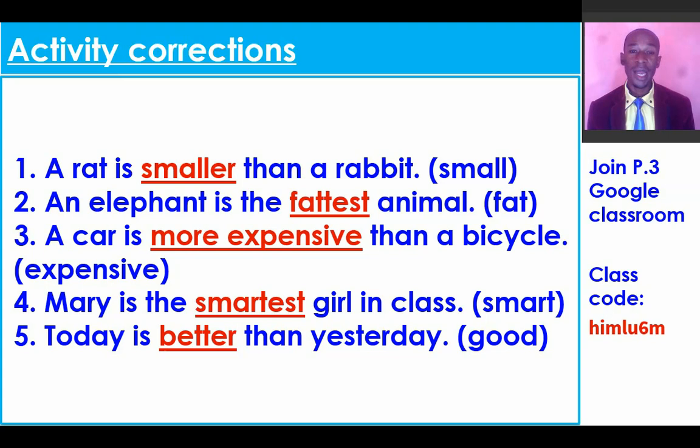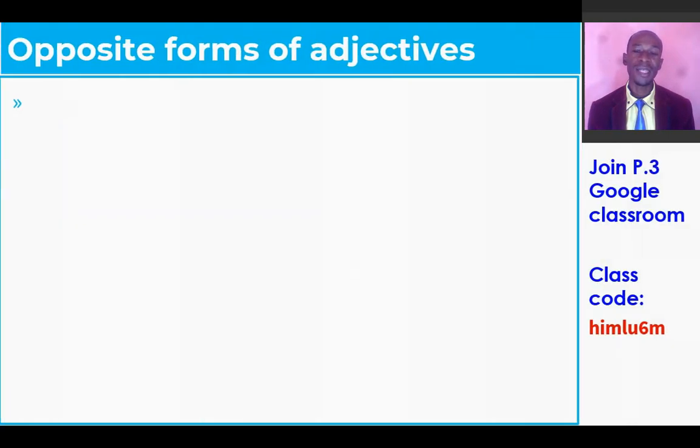So, as we wind up with adjectives, let us look at another new subheading, and we call it opposite forms of adjectives. Did you know that adjectives have got opposite forms? Let us have examples. So we shall have a word here, but it is an adjective.